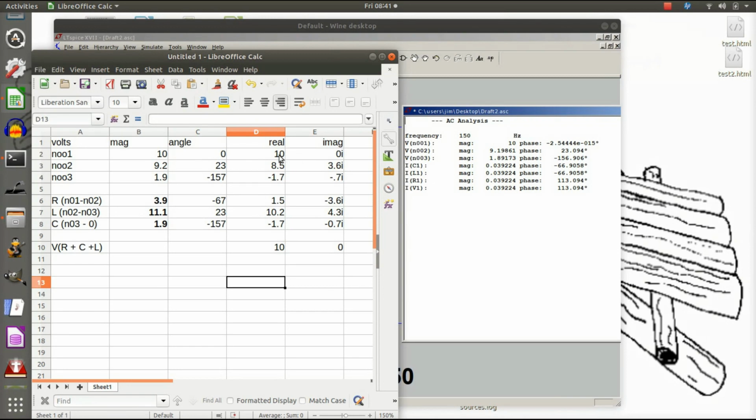Then I converted them to rectangular complex. So 10 angle 0 is 10 plus 0i. 9.2 angle 23 is 8.5 and 3.6i. So I'm just doing a conversion, polar complex to rectangular complex.